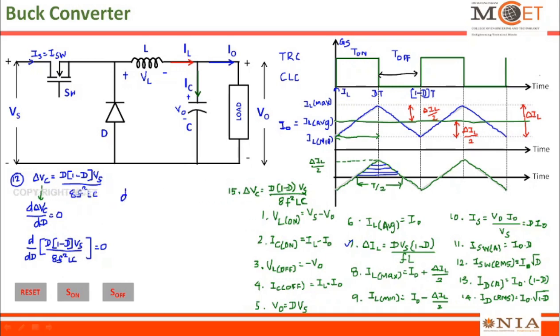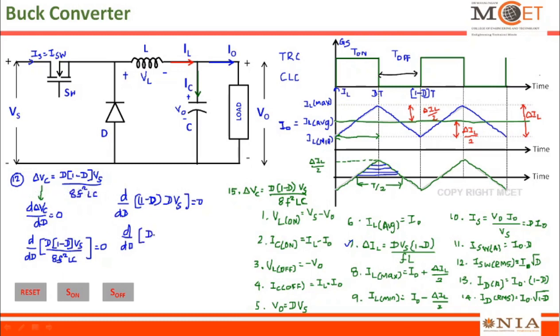So I can rewrite this expression as d by dD of (1 minus D) into D into Vs should be equal to 0. I am only neglecting the denominator because it is independent of D. So when I try to differentiate this, let me simplify the inner side of the expression.